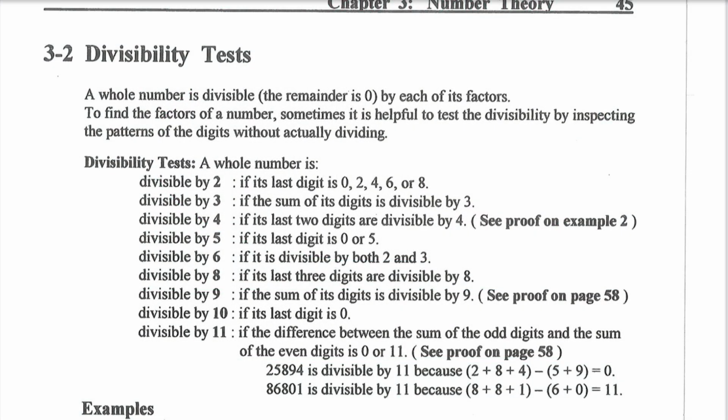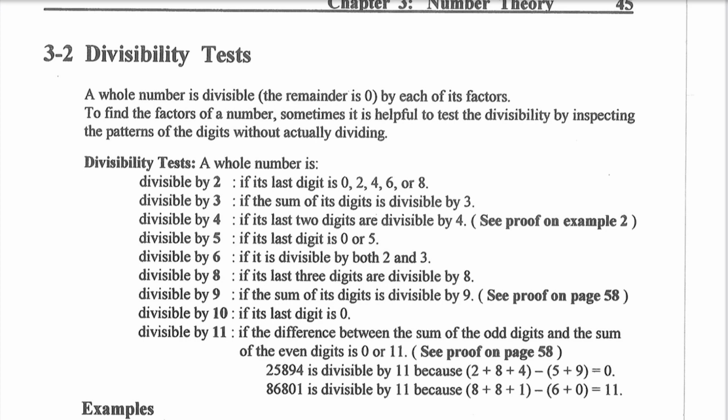Divisibility tests. A whole number is divisible, the remainder is 0, by each of its factors. To find the factors of a number, sometimes it is helpful to test the divisibility by inspecting the patterns of the digits without actually dividing. You can see there are divisibility tests for the numbers 2, 3, 4, 5, 6, 8, 9, 10, and 11.